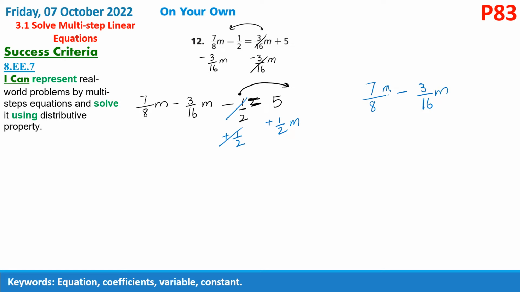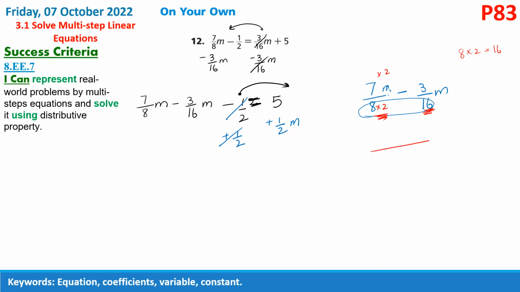Now the first thing is, this is denominator, make them alike. How can you make them alike? Means multiply this by 2 and this also by 2. Why? Because 8 times 2 gives you 16. Okay. So now this becomes 16 and this also 16.